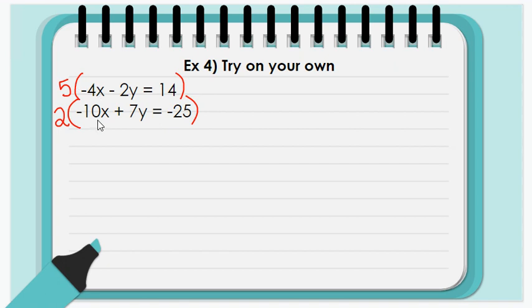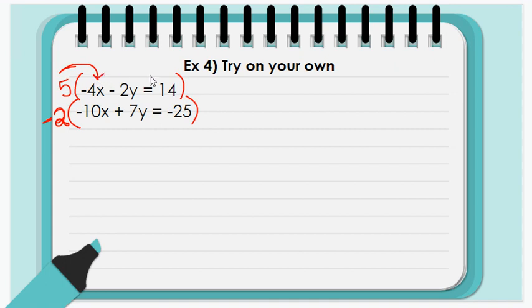Now they both have the same sign, so I need to make one of these negative so that one will be positive and one will be negative. So let's multiply the bottom one by -2. That way this number at the end will become positive, and it's the bigger one, so that might help. All right, so let's now get our new equations. Starting with the top, we're going to multiply each term on the inside times 5.